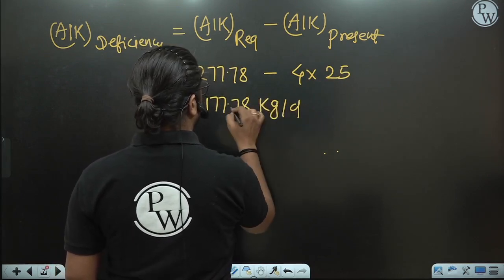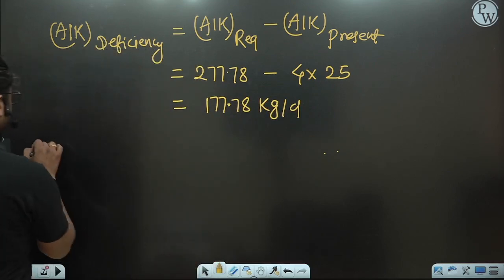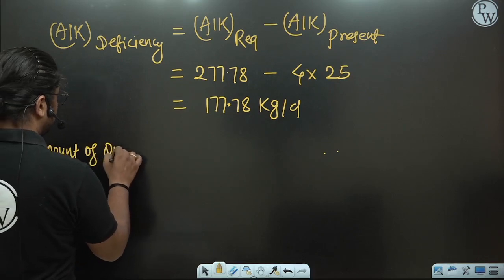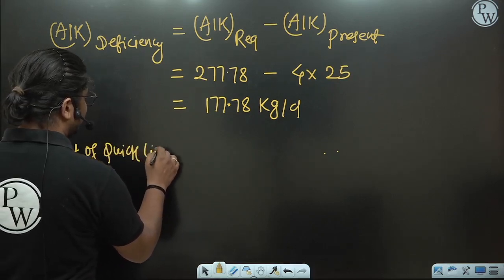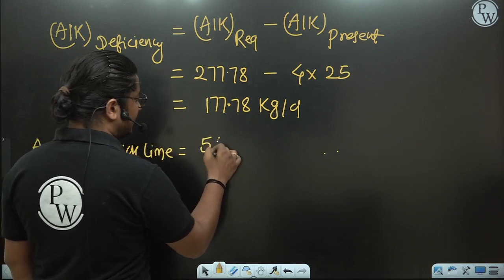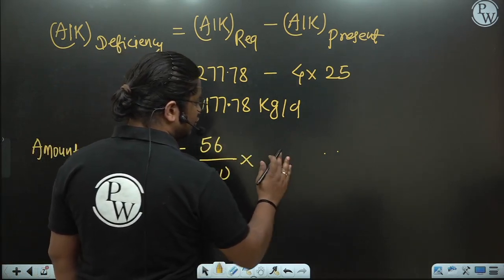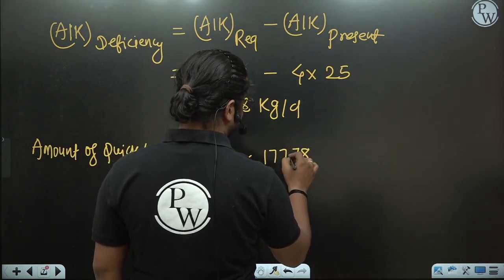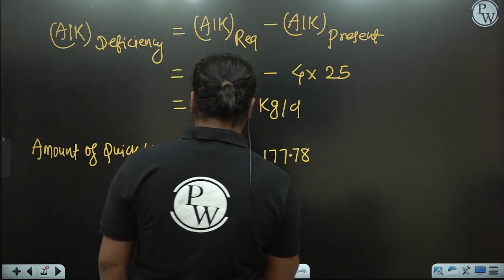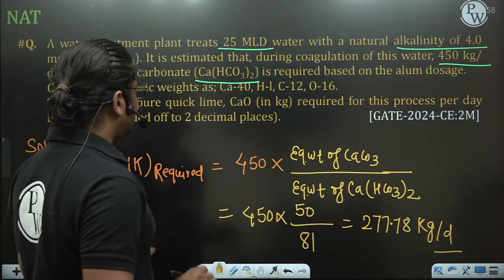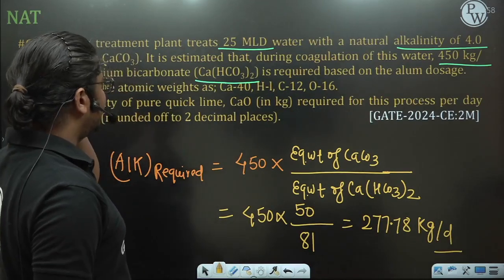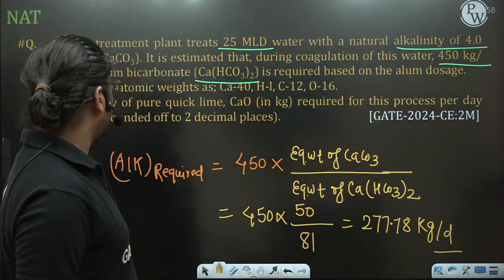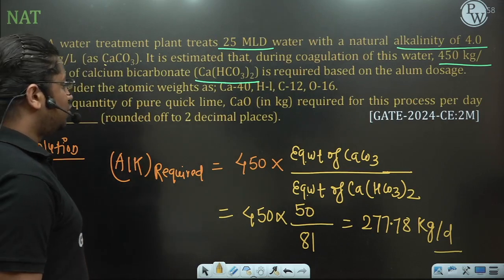177 kg per day. And for that, if you want to find out the amount of quicklime, that is easy. Amount of quicklime, the basic small formula which I have given in class also, is 56 divided by 100 into alkali deficiency, that is 177.78. Now it's just a matter of calculation. Please check whether they want this value in kg. Okay, they want this value in kg required for the process per day, up to 2 decimal places.